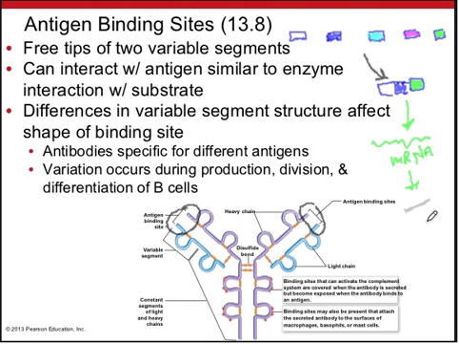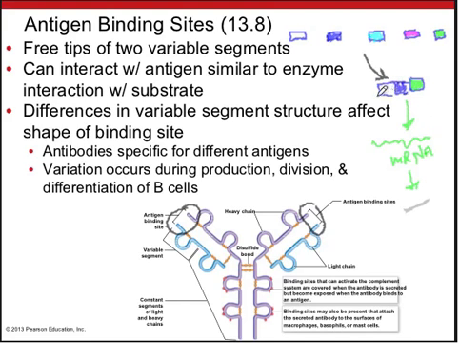This all goes on while you're developing in your mother's womb and during the first few months of neonatal life. We're producing these ready for prime time B cells and T cells. That's how we get these billion different specificities.